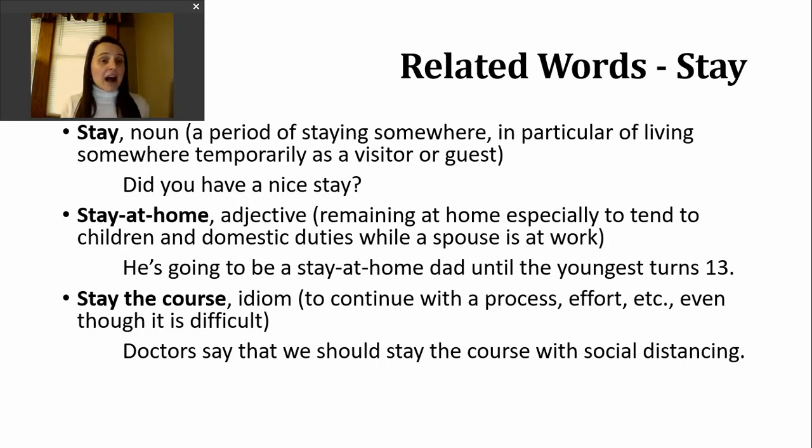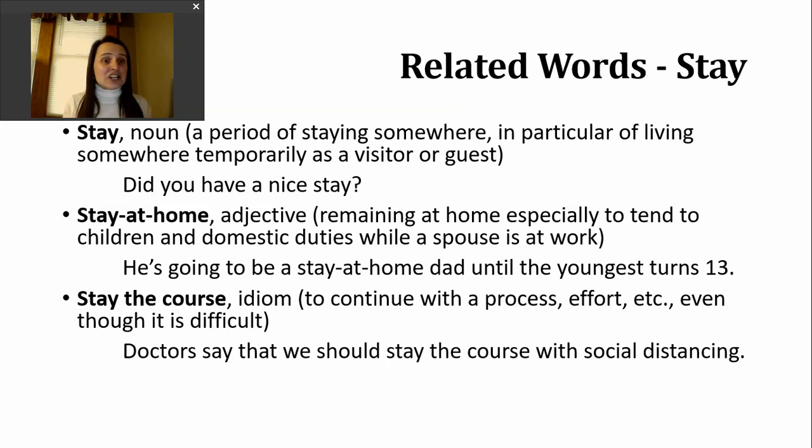One way I've heard this word used is when I'm checking out of a hotel, an employee might say, "Did you have a nice stay?" And again, I can tell it's being used as a noun there because I have an adjective right before it, that a nice. That's a good clue that it's being used as a noun.